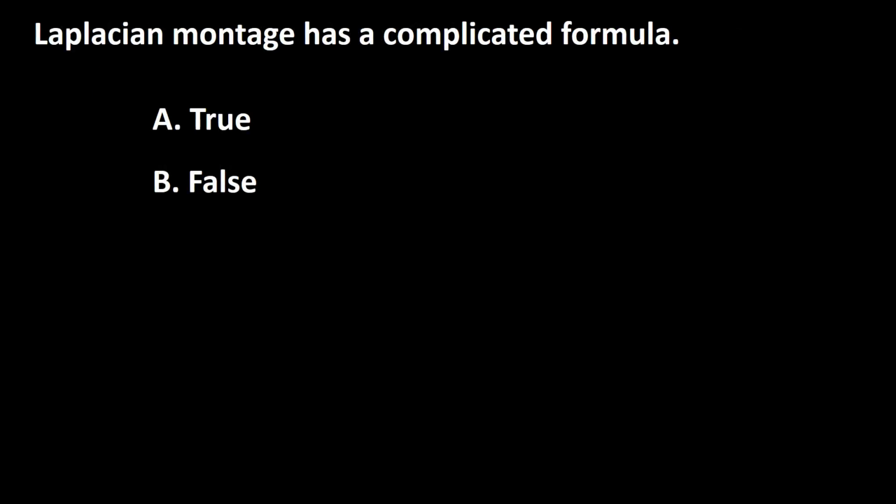Next question. Laplacian montage has a complicated formula. A, true, B, false. Although the Laplacian theorem is complicated, and so is the formula that we use to find the Laplacian mathematically, there is a way to understand the Laplacian montage math in a rather simple manner.